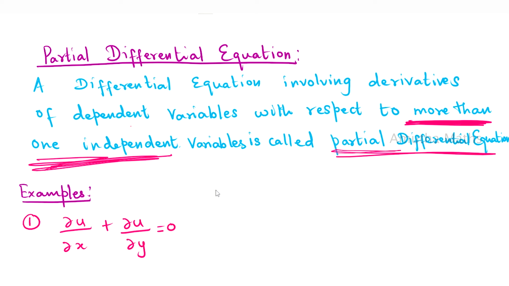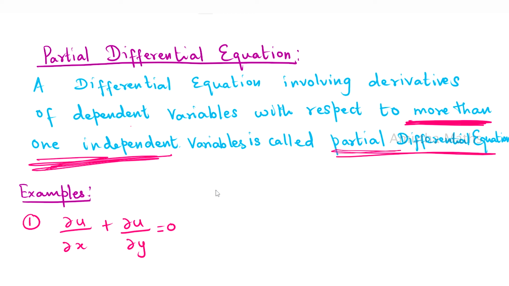Example: dou u by dou x plus dou u by dou y is equal to 0. Now this is a differential equation which contains derivatives of dependent variable with respect to more than one independent variable. What are all the derivatives involved here? Dou u by dou x and dou u by dou y. Here how many independent variables are there?